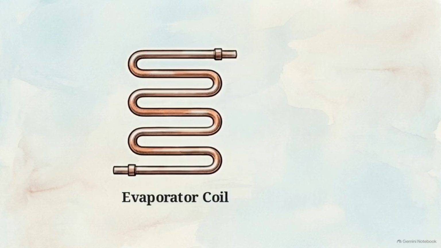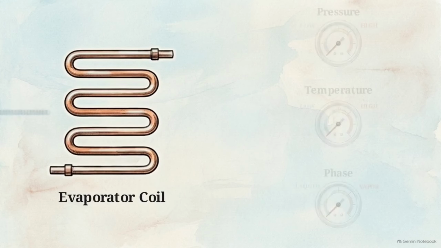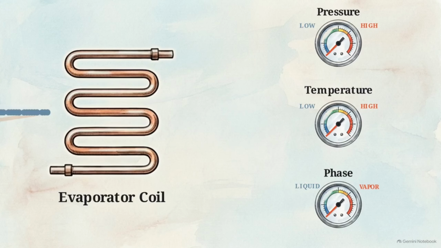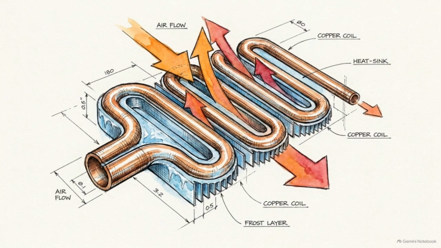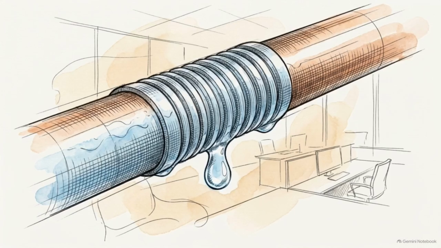We begin the analysis at the first indoor node, the evaporator coil. As the refrigerant enters this coil, the gauges show its exact state. It arrives as a low-pressure, low-temperature mixture of both liquid and vapor. A fan forces the warm ambient air from the room directly over this icy metal coil. This is where the physical interaction occurs.